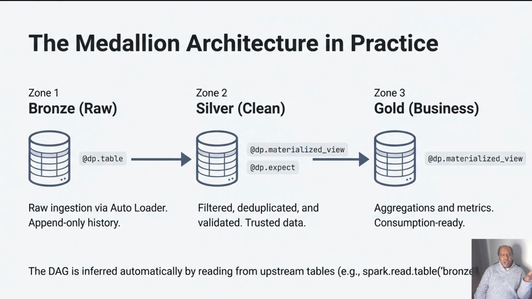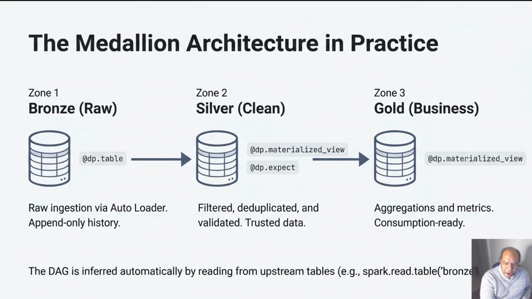What you do is you will have a gate between them. So anything which passes that gate is clean, validated data. And if it's not clean or validated data, you put it in quarantine. So that's the silver data for you.